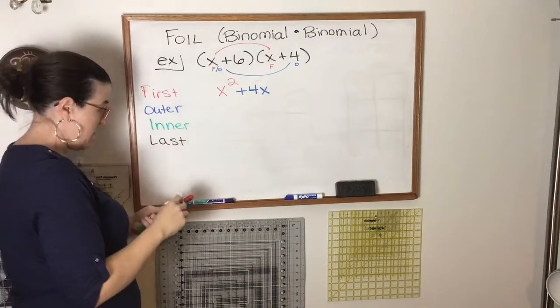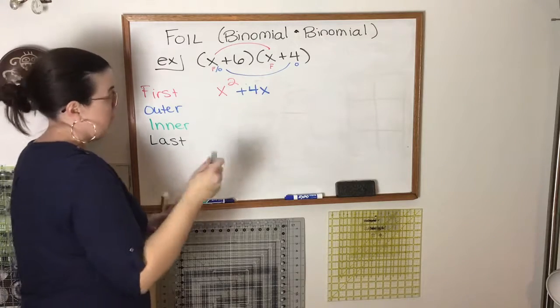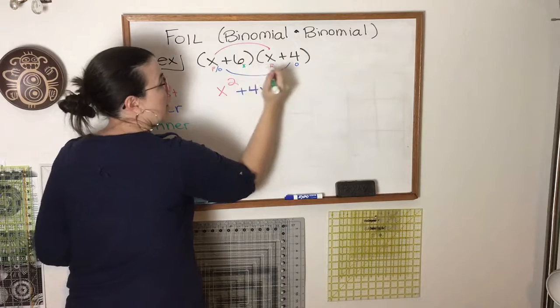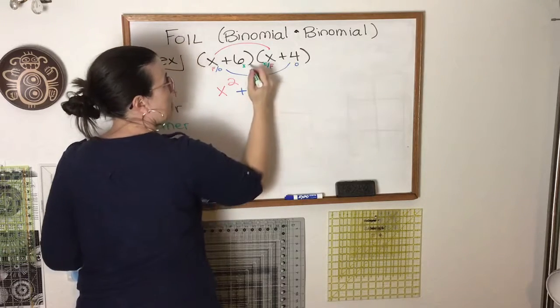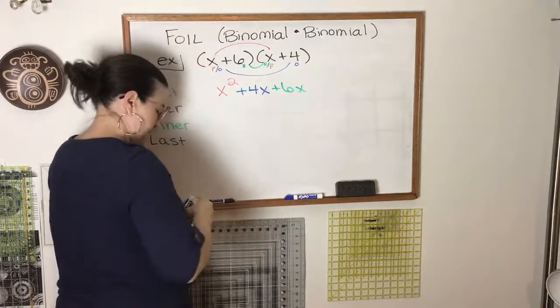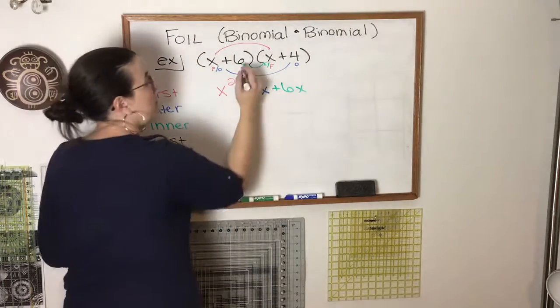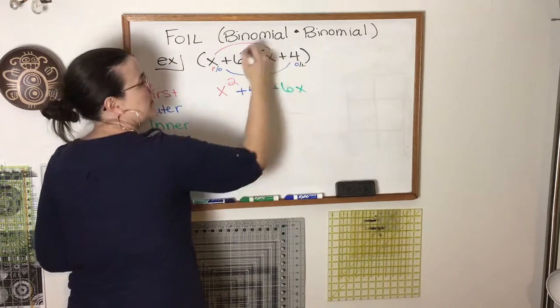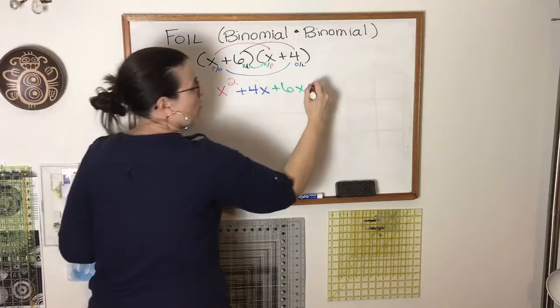Okay, then inner are the two that are closest together. So this is an I, and this one is an I. Okay, we get 6 times x, which is 6x. And then L are the last two in the parenthesis, and that's 6 times 4, which is 24.